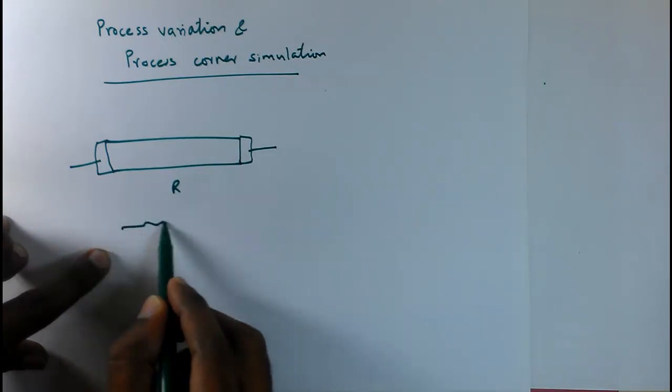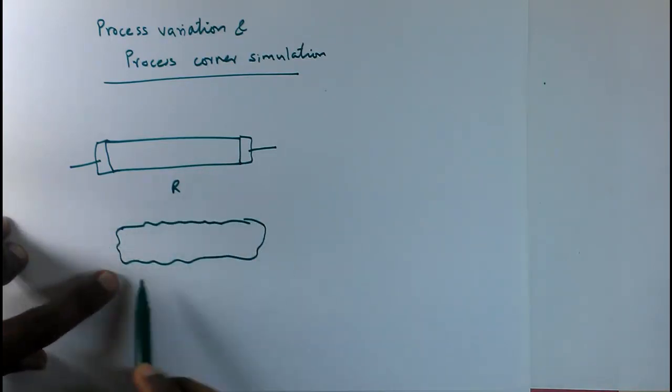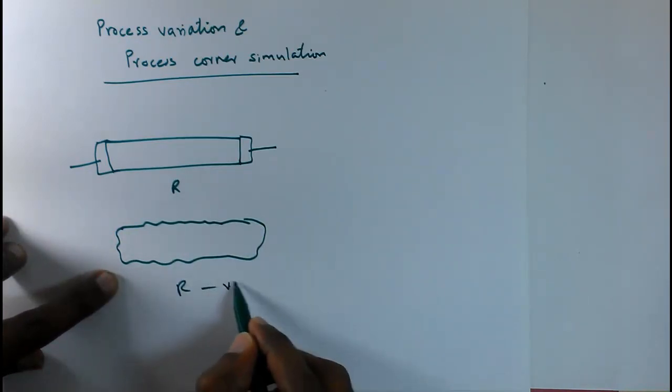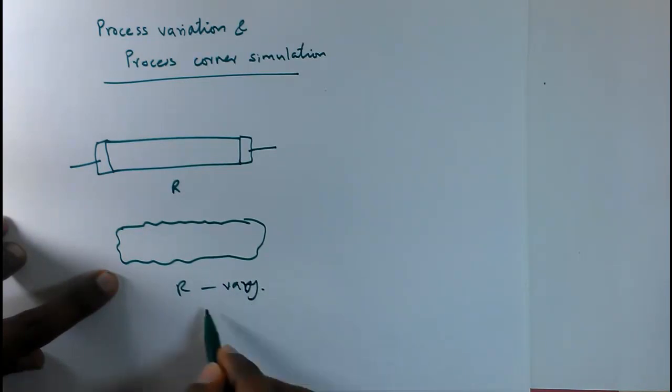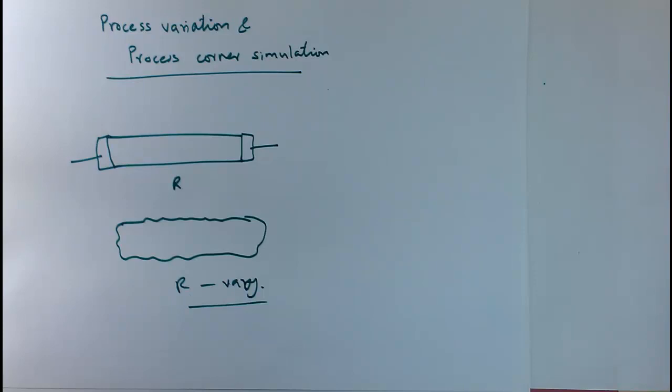You will get some irregular structure like this. So the resistance value will vary. It will not be a constant fixed value. So with respect to process, the resistance value will vary.